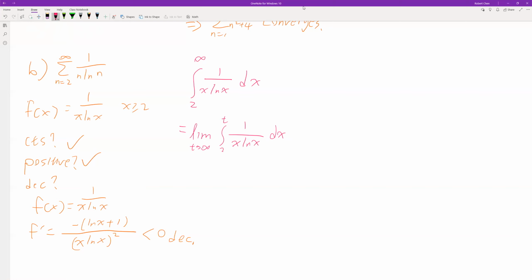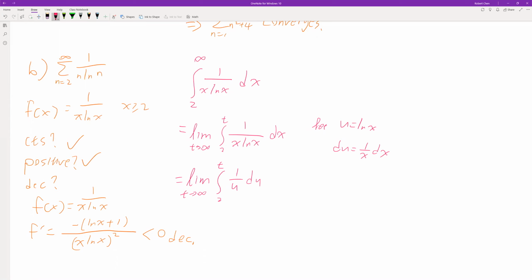To integrate this is actually quite a little fun. We can use u sub. Let u be ln x. So du will be 1 over x dx. So what we have here will be the limit of the integral from 2 to t of 1 over u du.